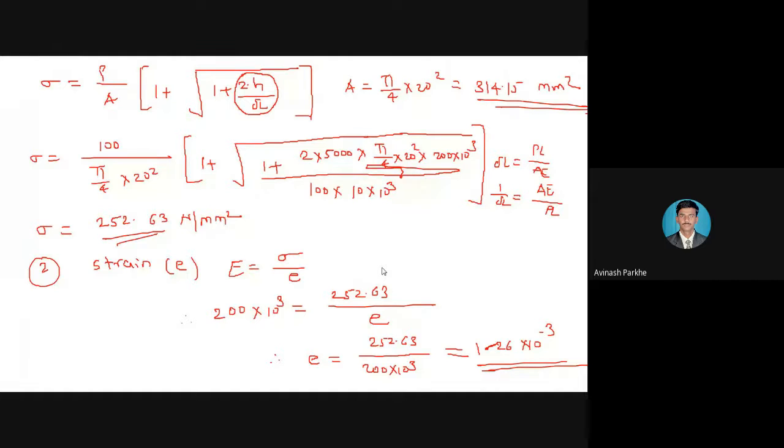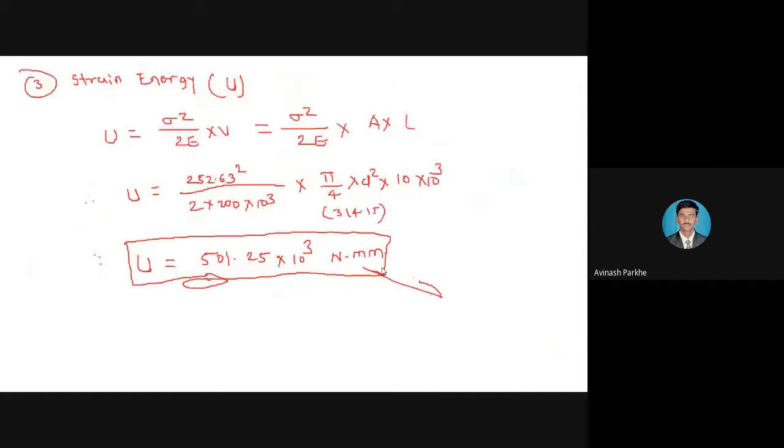Then using that stress and the Young's modulus, we calculated the strain induced in the rod or the collar. And by using the common formula of the strain energy, sigma square upon 2E into volume, we have calculated the total strain energy stored in the rod or in the collar. So 501.25 into 10 raised to 3 Newton mm. Sorry, this much strain energy is stored in that particular rod.